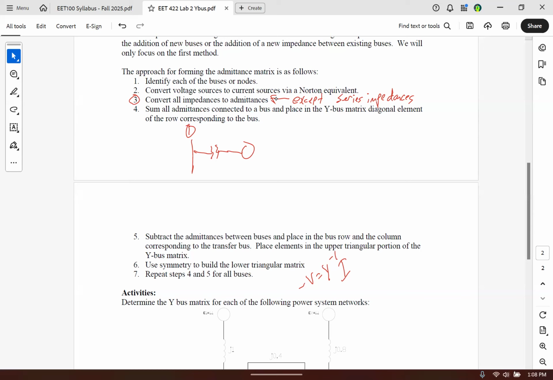And then the transformer also has an internal impedance. So these two devices would look like this. The problem is we just said these two have to sum together first before you invert them.